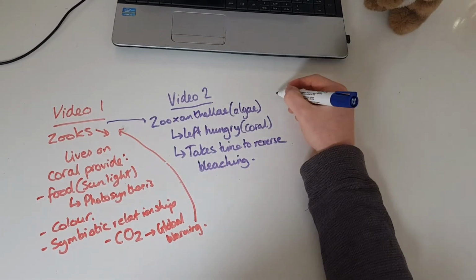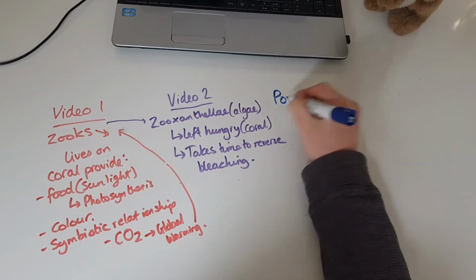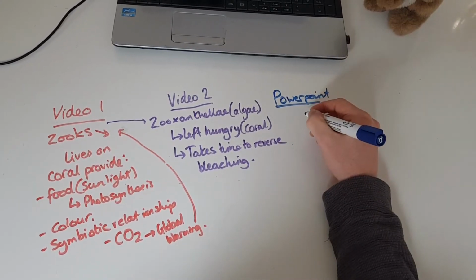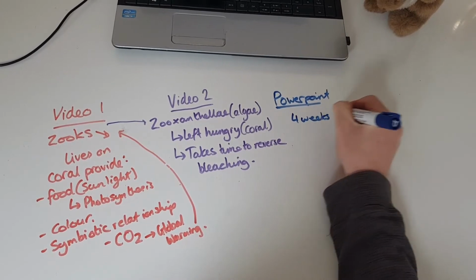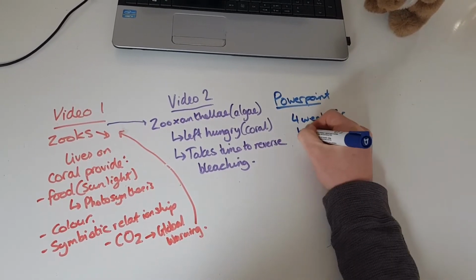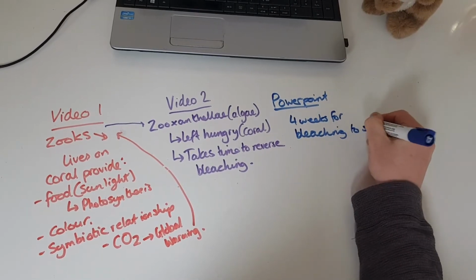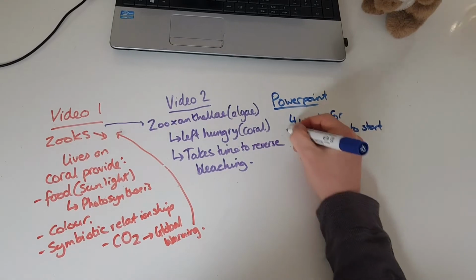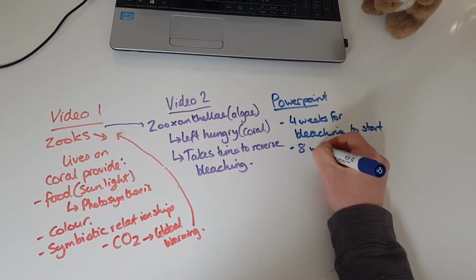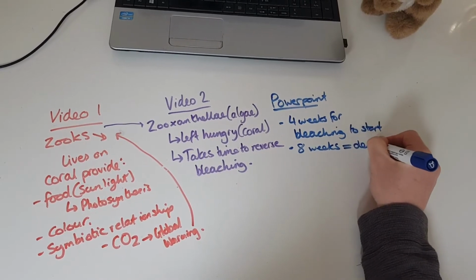Anyway, what did we learn from the PowerPoint then? So I learnt that it takes 4 weeks for bleaching to start. But also even more scary than that is in 8 weeks it can be dead. 8 weeks could lead to death.